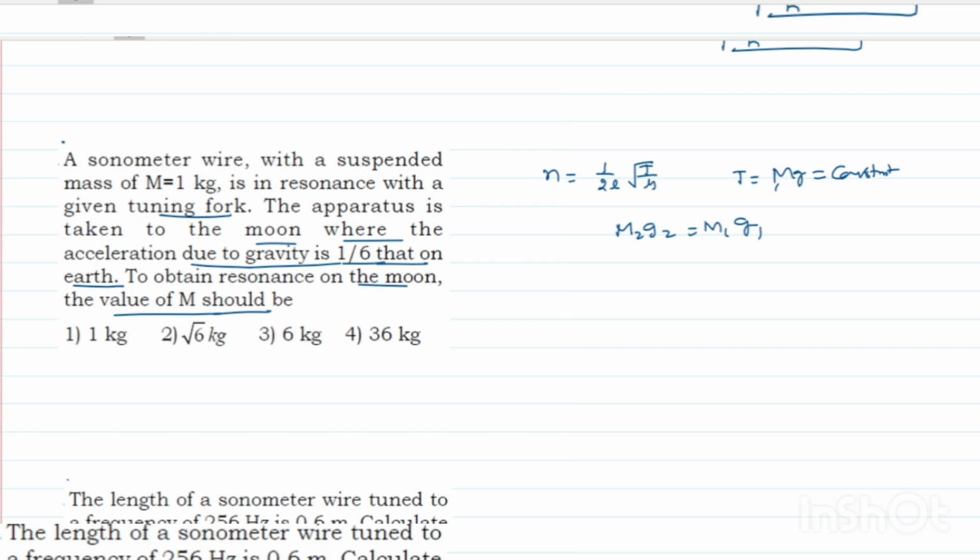On the moon g becomes 1 by 6, so g2 equals g by 6, and the initial mass is 1 kg, so 1 into g. The g gets cancelled, then m2 is 6 into 1, which is 6 kg.